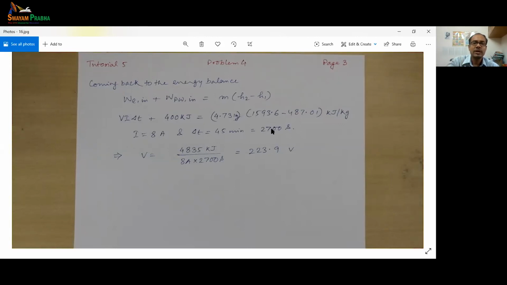So 223.9, or 224 volt, is close to that range. That gives you confidence that the value you obtained is a reasonable physical number. Suppose your calculation gives you 1000 or 2000 volt. That means something is wrong.